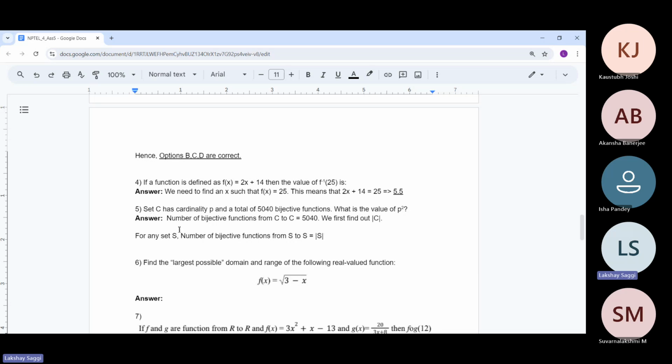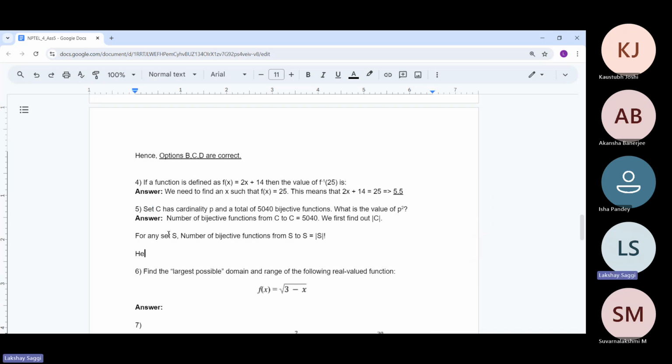That's actually correct. But since I'm assuming any set, not just this set C, I'll better write it as cardinality of S factorial, which will be P factorial in the case that this set is equal to the set C, right? So hence we can say that the cardinality of C factorial is equal to 5040, which is nothing but P factorial is 5040. And if P factorial is 5040, then what's the value of P?